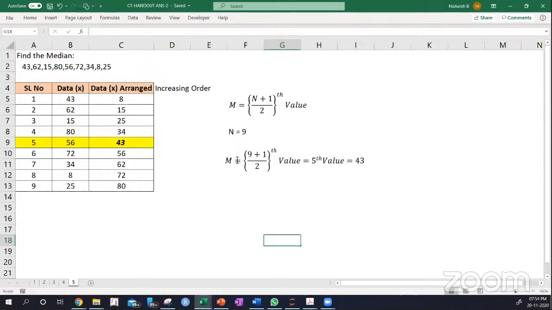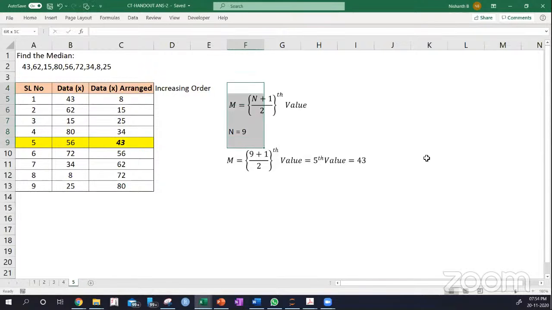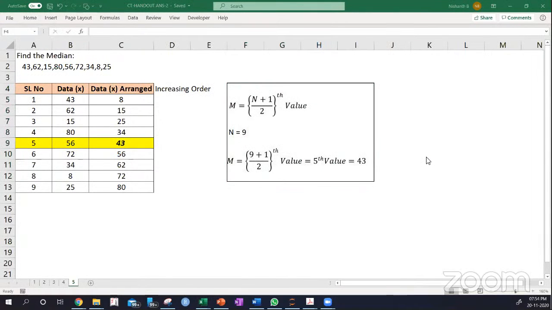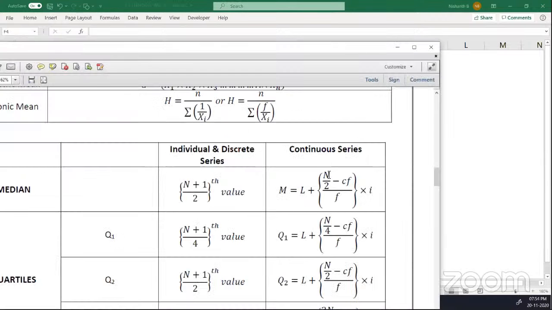Sir, is this (n plus 1) by 2th value just for odd numbers? For even numbers, is it n by 2? No, it's the same formula. Whether it's odd or even, it's always (n plus 1) by 2. For continuous series, we do n by 2. Otherwise, it is (n plus 1) by 2. Sir, for ogive and quartiles also we do n by 2, right? Yes. So we'll get decimals?